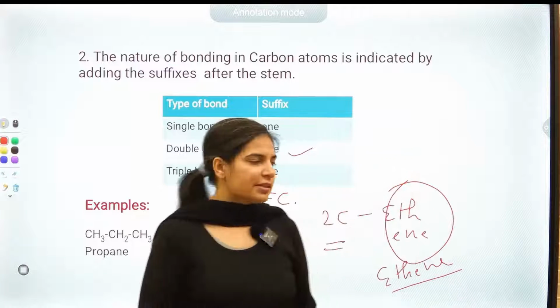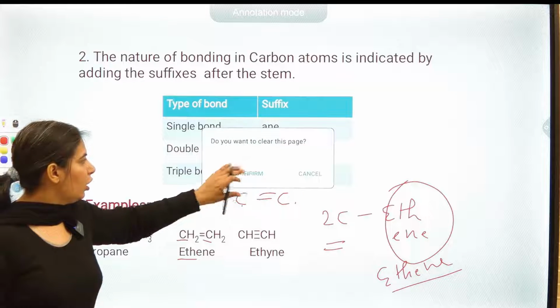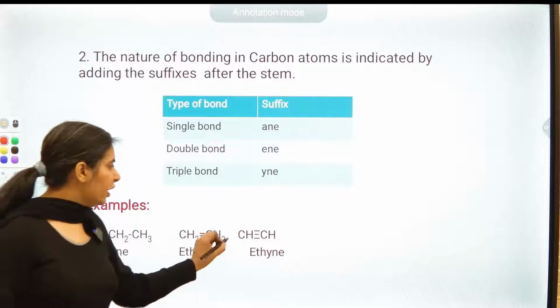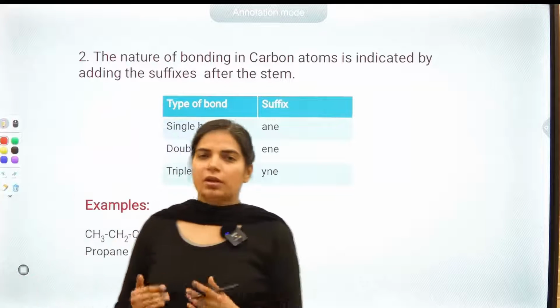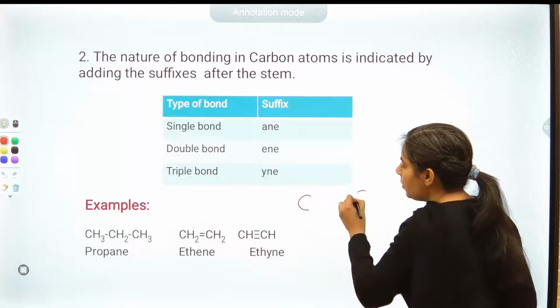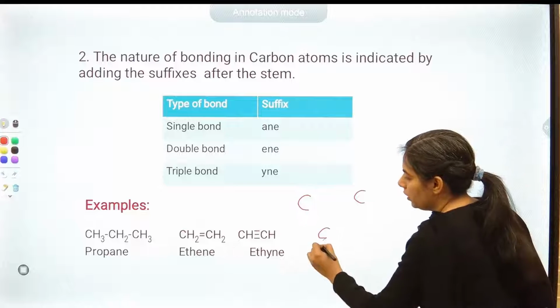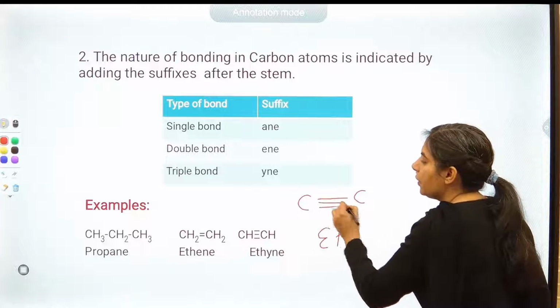Let's move to the next example. Here, we have 2 carbon atoms. They are joined by means of a triple bond. Again, we are going to name them. For 2 carbons, we are going to use the word eth. And here is a triple bond.